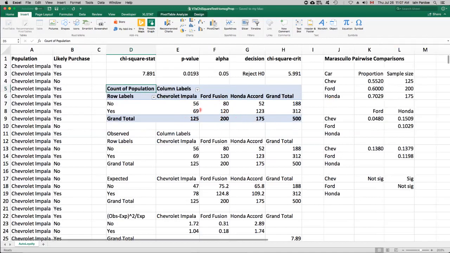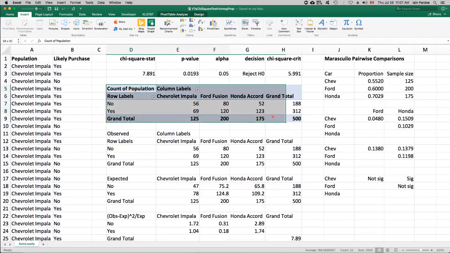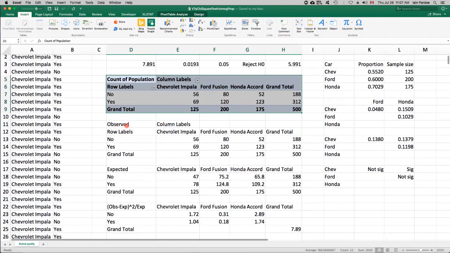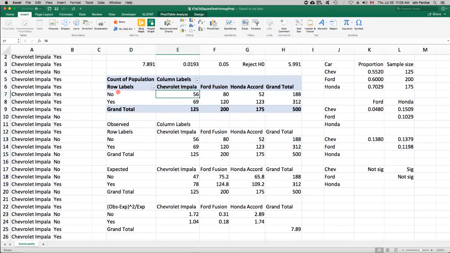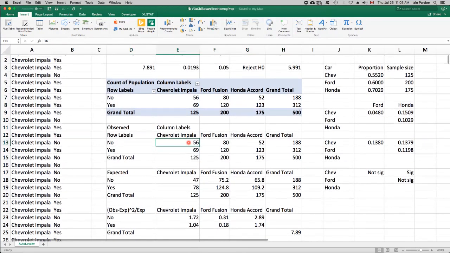What I did next was copy this table and paste it as values. The reason was just to have a nice clean version of the table results, without all these numbers having formulas and other things associated with them, to manipulate.